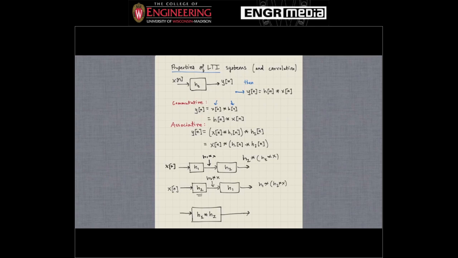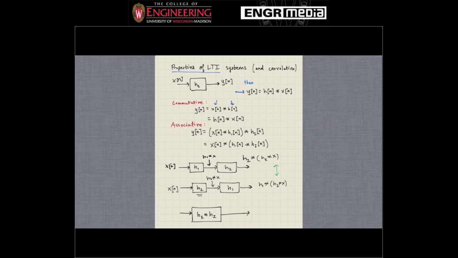So the associative property tells us that these two things are the same. And that tells us that it doesn't matter the order in which we apply a filter to a signal. If we have two filters, we can apply either one of them first, and the remaining one second, or we can swap that order and we'll get the same output.